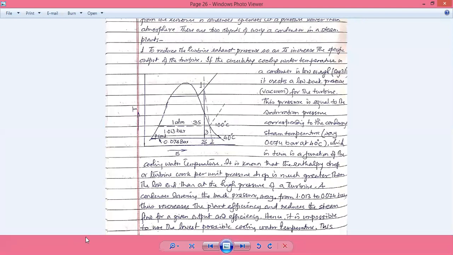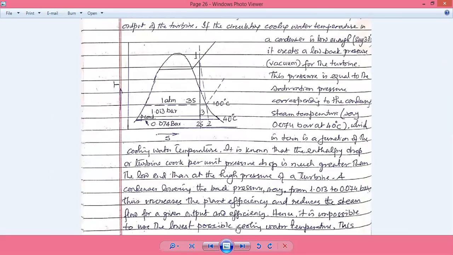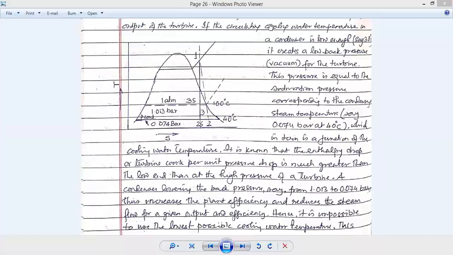Hence, it is impossible to use the lowest possible cooling temperature. What happens?